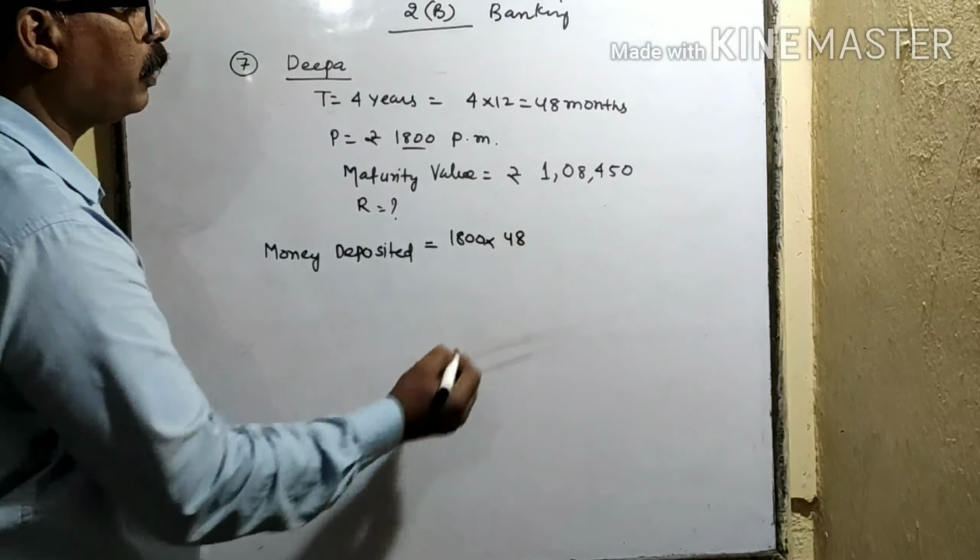So it is 86,400 rupees. And maturity value is given this much, 1,08,450.